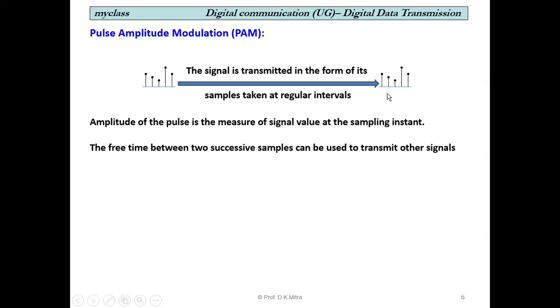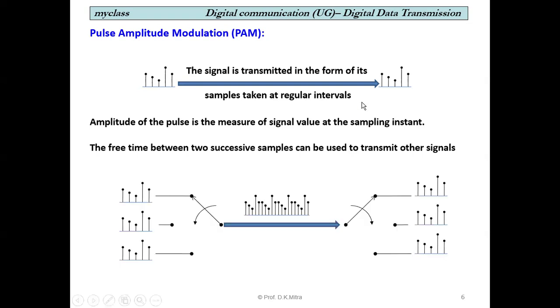Now, today you have very high-speed electronics. What you can do is, in the time in between, you can transmit samples of another signal. And if you do that, that is called time division multiplexing.